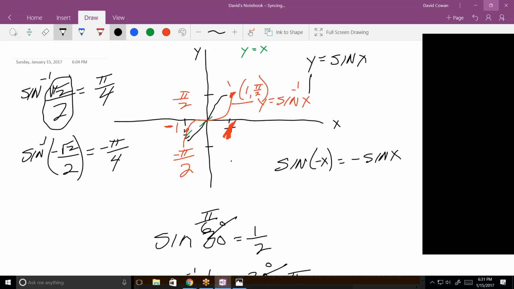That's odd. Even functions, like cosine, mean that the cosine of negative x is equal to the cosine of x. In other words, you can ignore the negative sign when you're taking the cosine of negative angles. But when you're taking the sine of negative angles, you can't. Just turn it into negative the sine of a positive angle is the easiest way to deal with it.